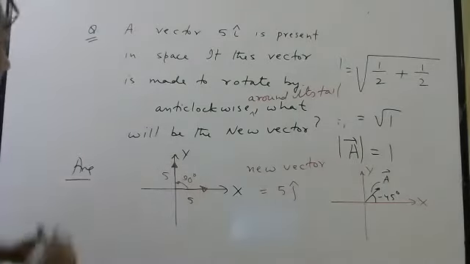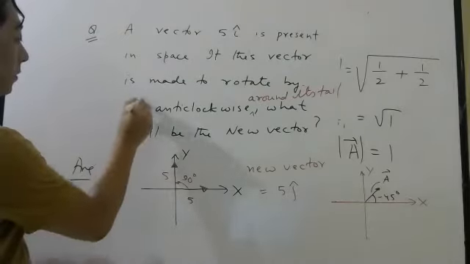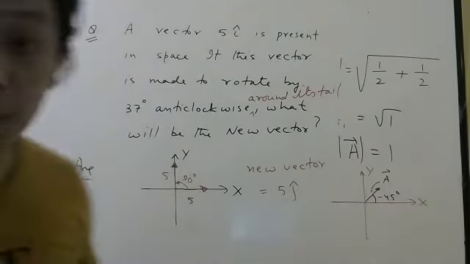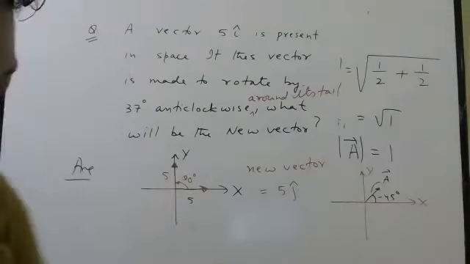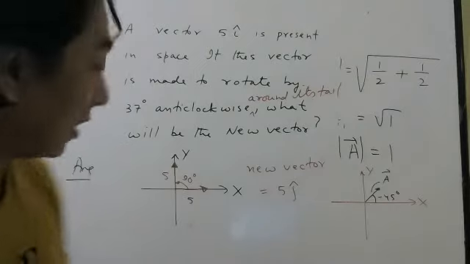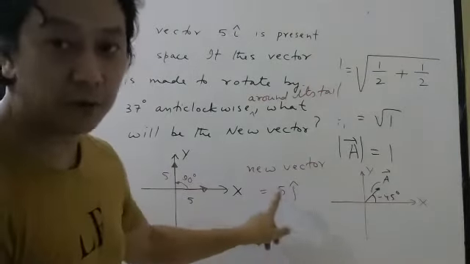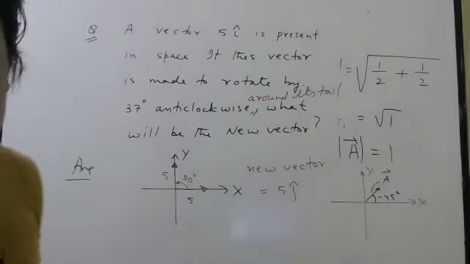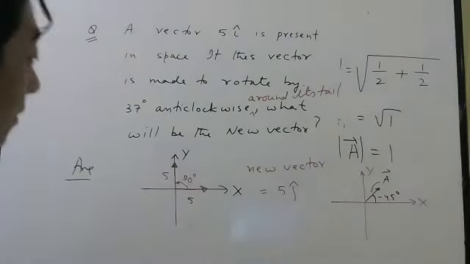Try the same question, but with 37 degrees. I want it in component form, meaning something i cap plus something j cap. In the earlier case there was no i cap, so only j cap came. So try this one now.